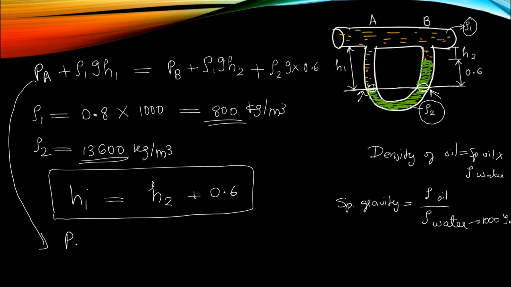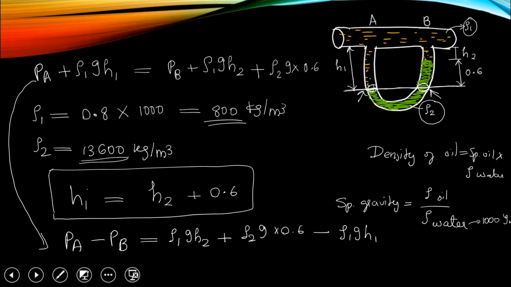So we have PA and PB. In the question, it was asked to find out the difference in pressure between A and B. So PA minus PB is what we have to calculate. PA minus PB is equal to ρ1 g H2 plus ρ2 g into 0.6 minus ρ1 g H1.